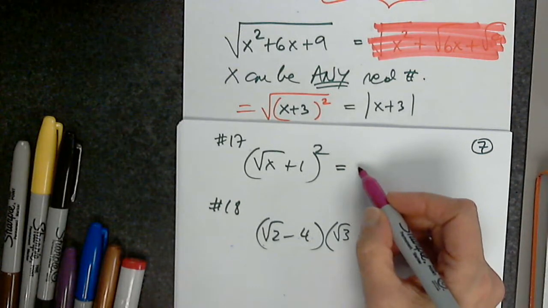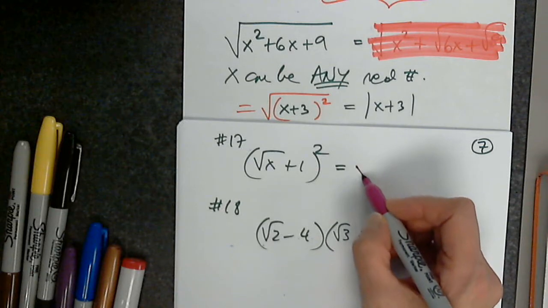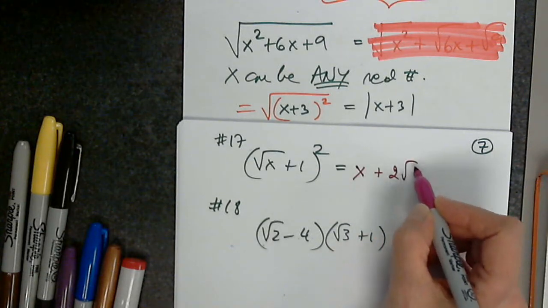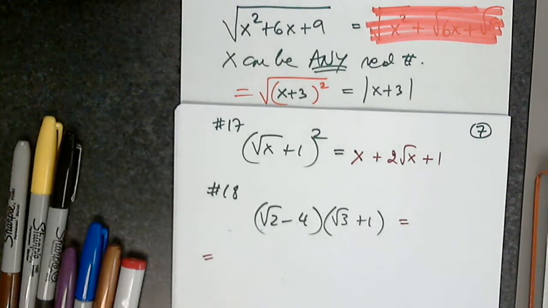Ready? What is it? X plus 2 the square root of x plus 1. Perfect. What do I do with 18?